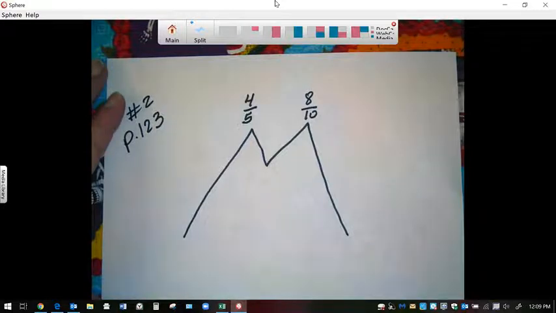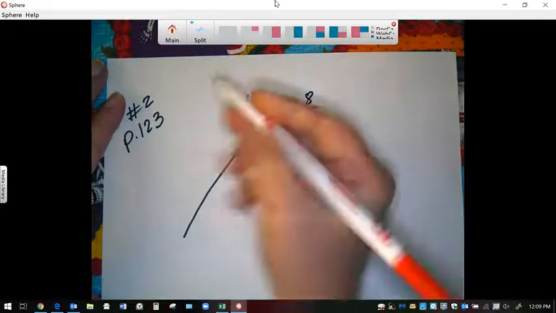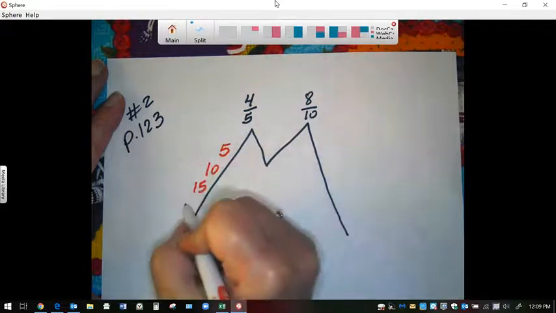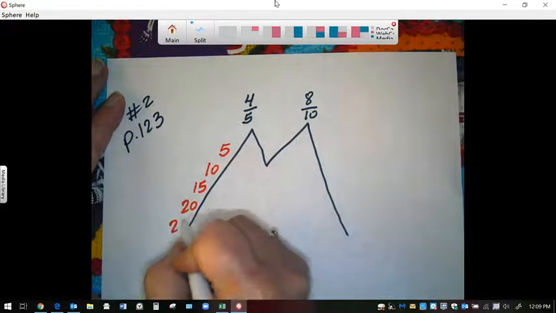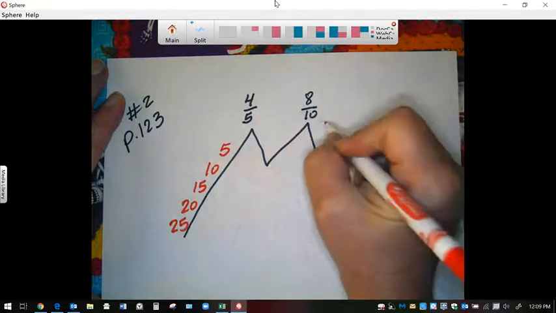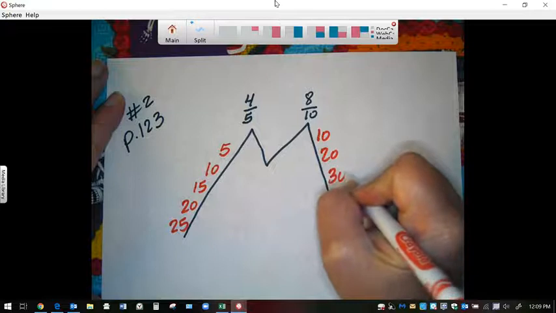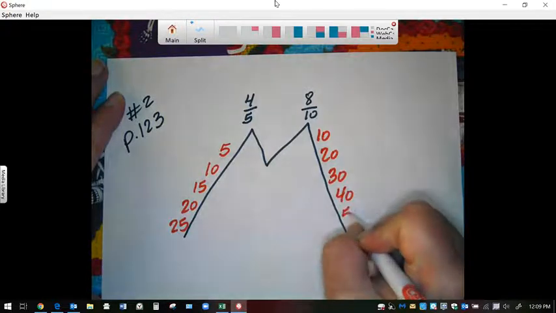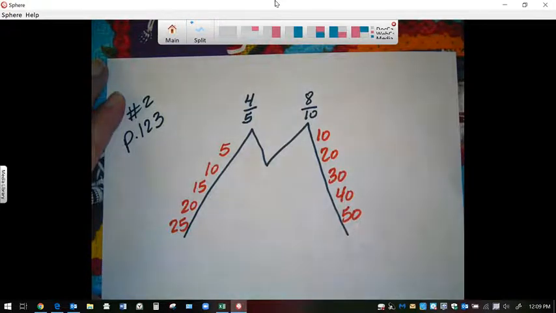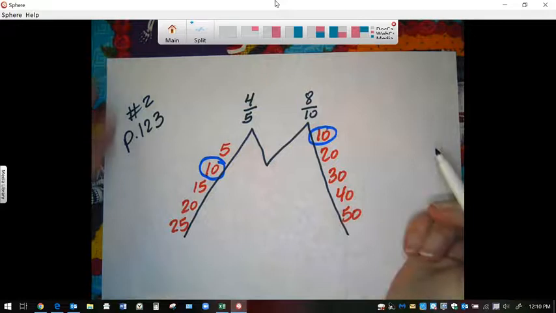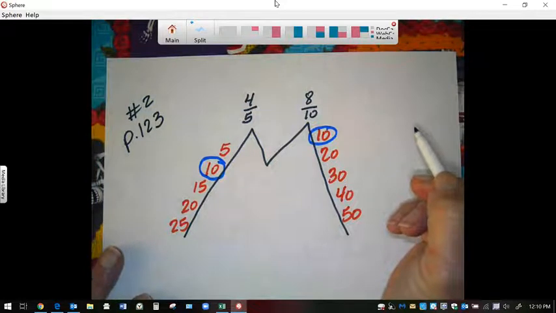And we're going to write our multiples of 5: 10, 15, 20, 25. And your multiples of 10: 10, 20, 30, 40, 50. I'm going to look for the ones that they have in common. And I see that they both have a 10, and that is the least common multiple.